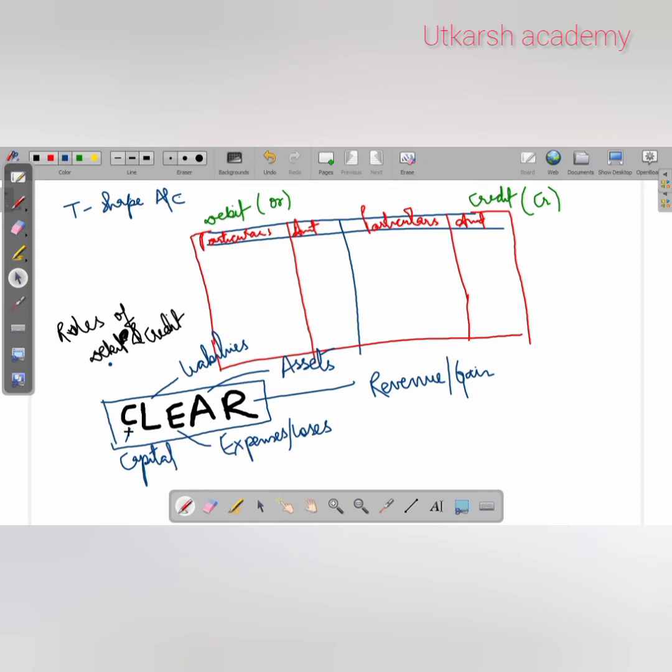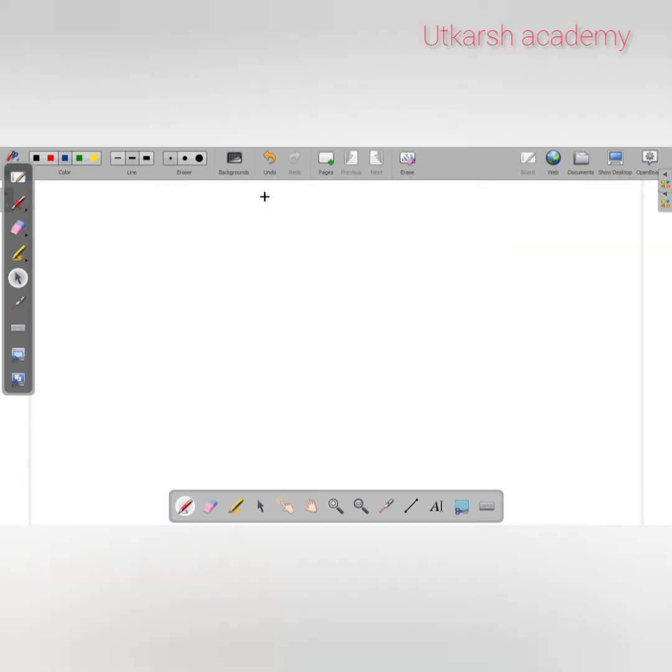Okay. Now we will understand the rules of this clear mnemonics. See, this expenses and assets. Expenses and assets have the same nature of recording.